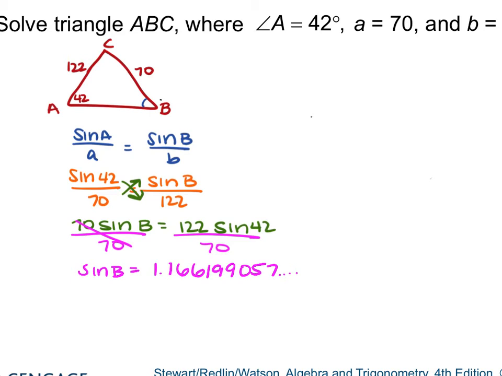However, the sine of anything is never more than a positive 1. So, if you were to take the inverse sine of your answer, you would get an error in your calculator. So it is not possible to take the inverse sine of that, so this is not a triangle.